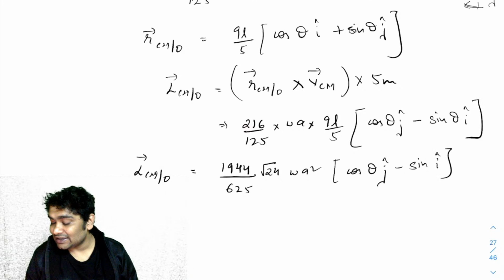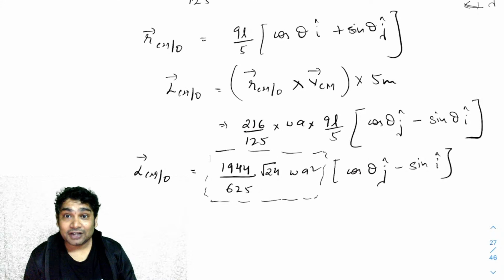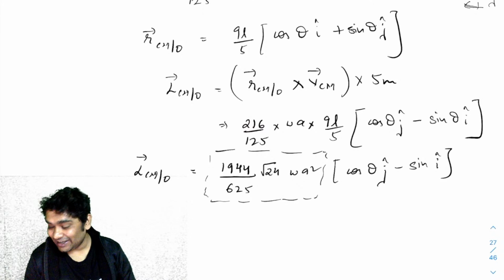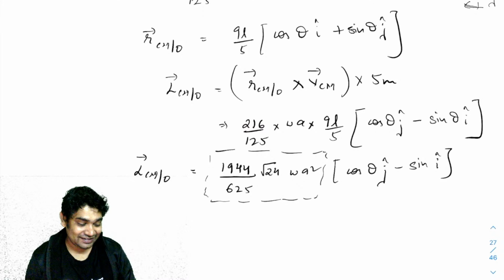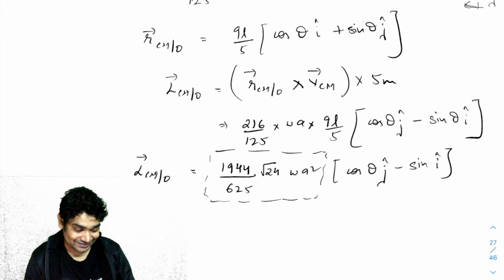So you realize this is the magnitude. We talked about the magnitude. Of course, this is not 81. This is nowhere close to 81, in fact. Maybe this might be close to 81, by the way.